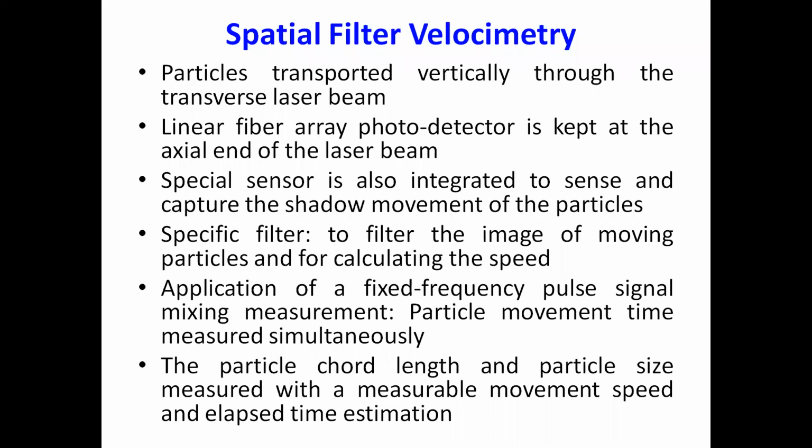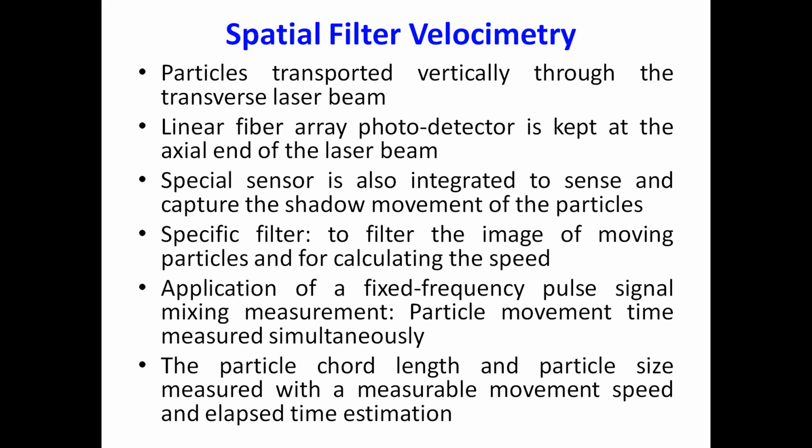The particle is moving, the light source is there, and the objective is there, so a shadow will form, and the detector will capture that shadow. Then, with a fixed frequency pulse signal, the particle movement time is measured, meaning how the particle is moving and how much time it takes to move from one place to another. That's why it is called velocimetry.